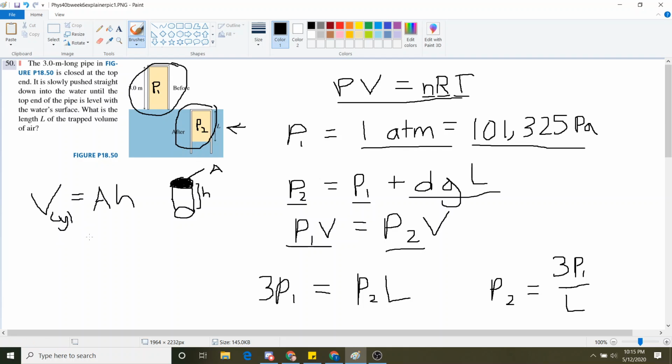And we know that the volume of a cylinder is just the area times the height. And of course the area is just the area of a circle multiplied by the length of the cylinder. And I essentially just substituted this in for the volume in both of these.